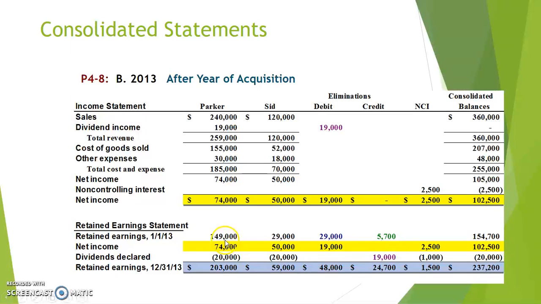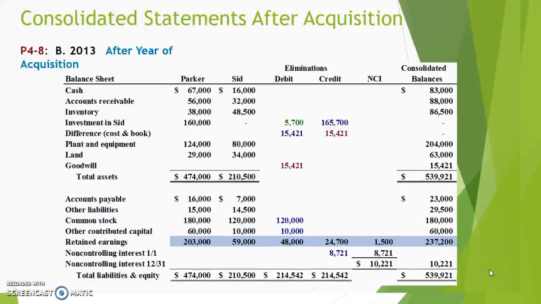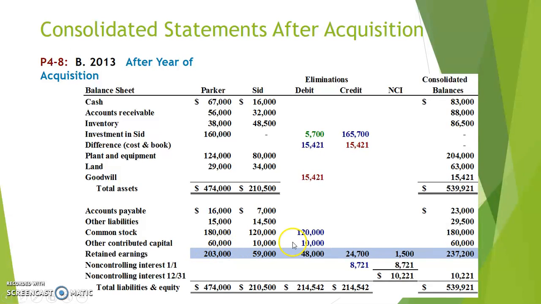We will then make our necessary entries here, and your retained earnings statement balance here is transferred to your balance sheet here, and we make all our necessary totals, and we are able to balance our balance sheet at 539,921. So this represents how we would consolidate financial statements after the date of acquisition using the cost method.